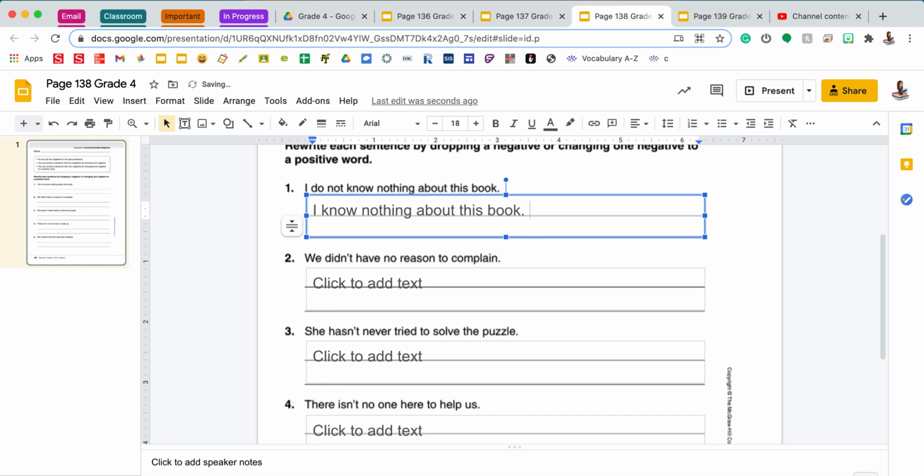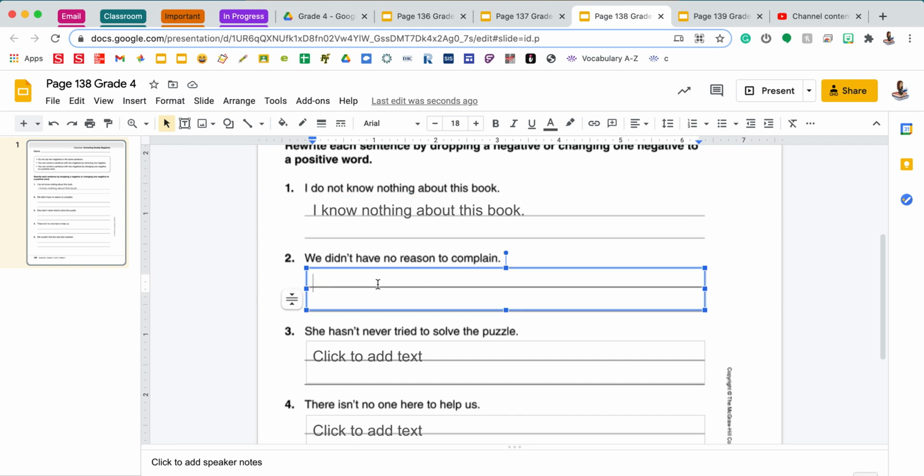Because both do not and nothing are negatives, I don't want to use both and have a double negative sentence.